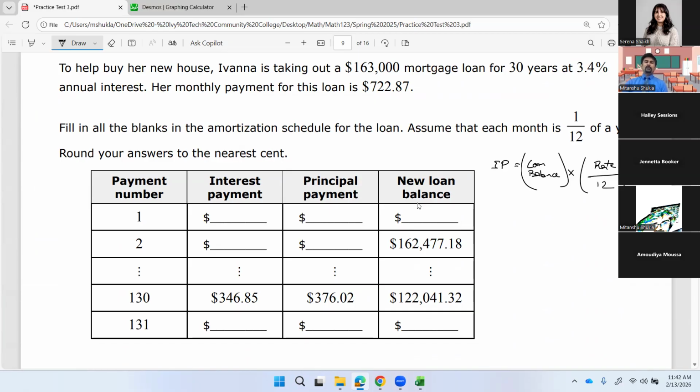And the reason why I'm dividing this by 12 is because this is an annual interest, but it's being compounded monthly. Okay.